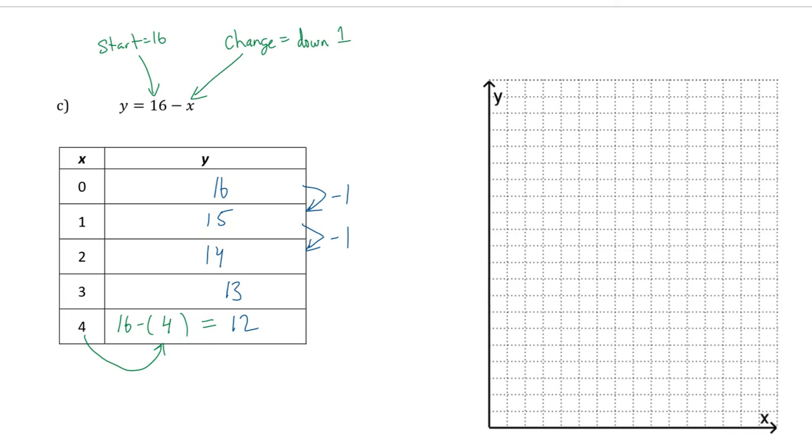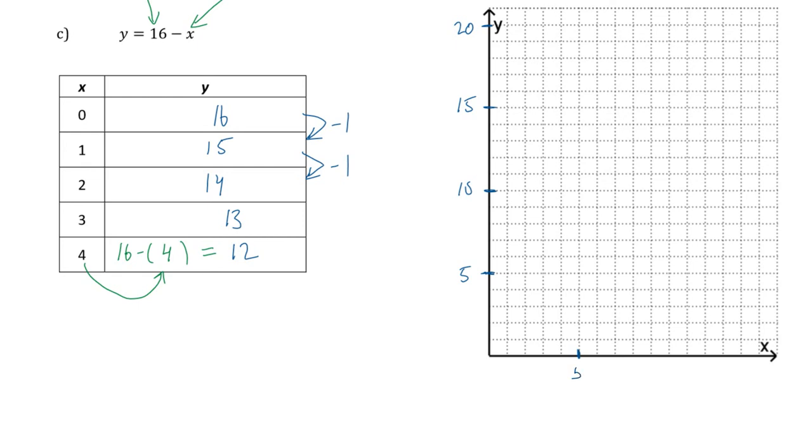1, 2, 3, 4, 5. Oops, 20. I like to make sure that my scale goes past the biggest number.